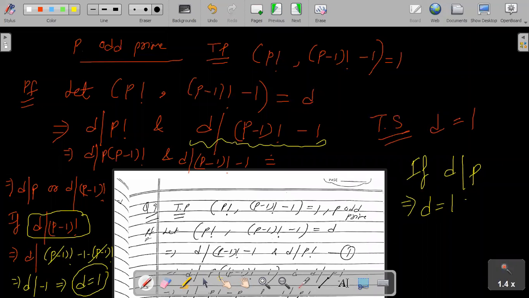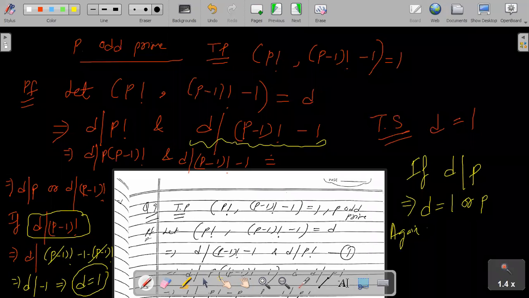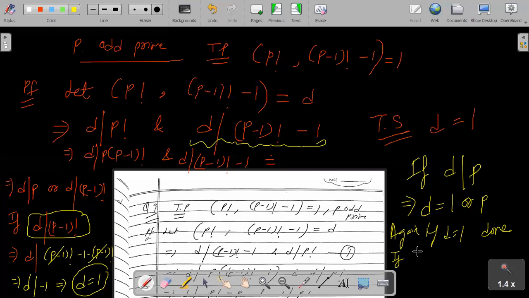One or the number itself. So again, if D is 1, then we are done. Because हमें यही तो शो करना था, D is 1. Then यहाँ से एक और possibility आ गई, if D is equal to P.